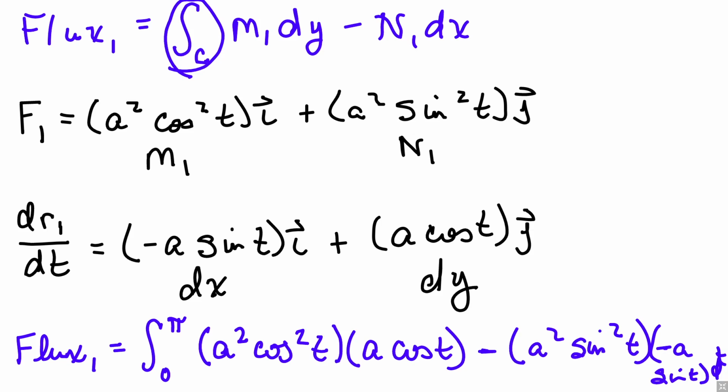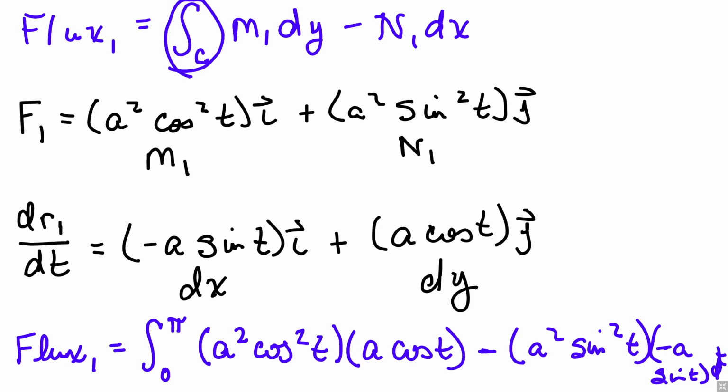Now, when I look at this, I realize that I can factor out a cubed. That's the only thing I can factor out because I can't really touch the sines and cosines since they're not shared by both.